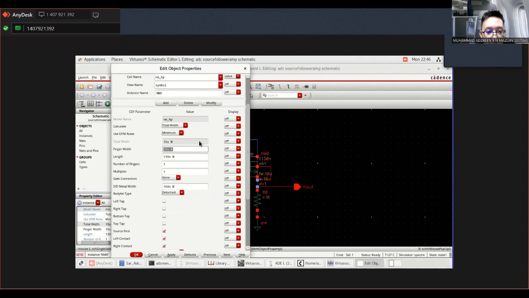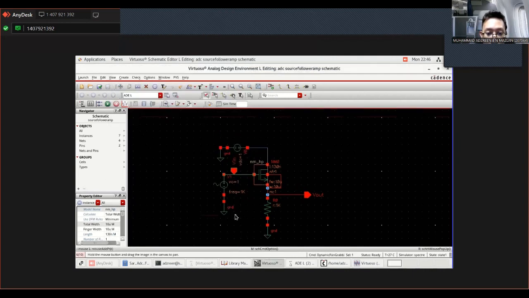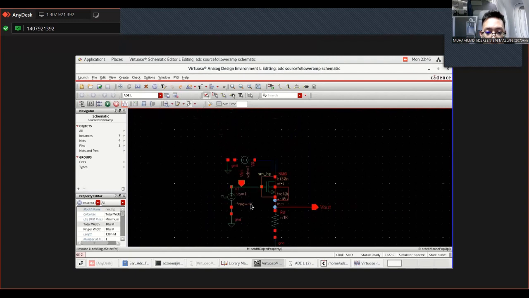The NMOS is equipped with the finger width of 10 micro, the length of 130 nano. So then we set the source of V sine at the gate, and the DC voltage at the drain source.